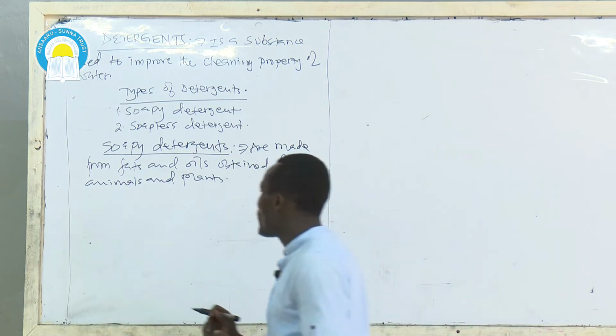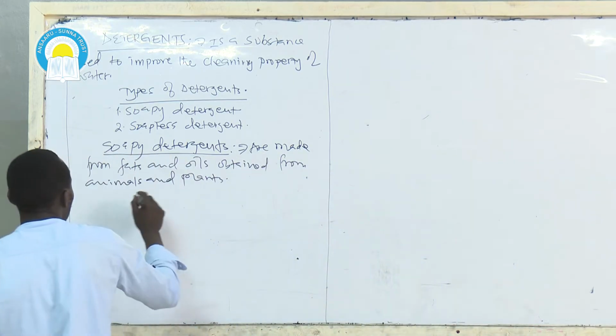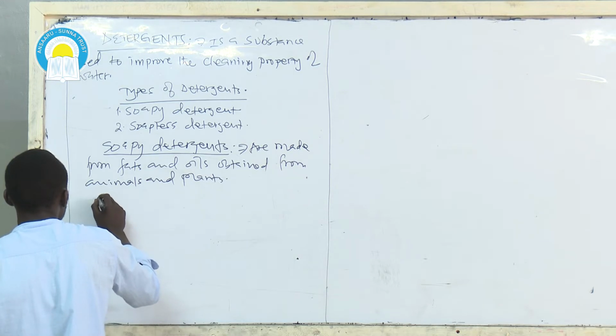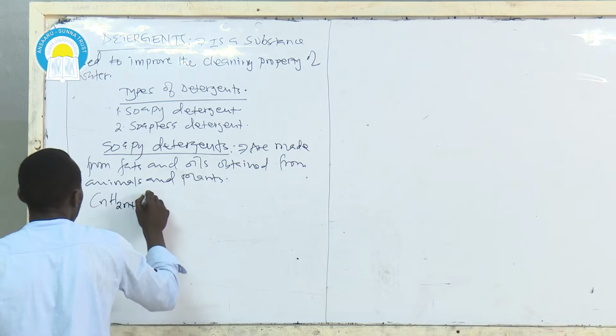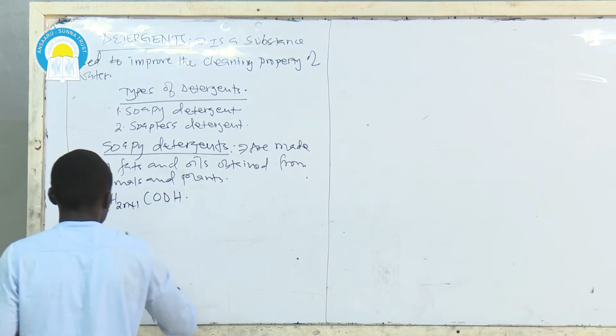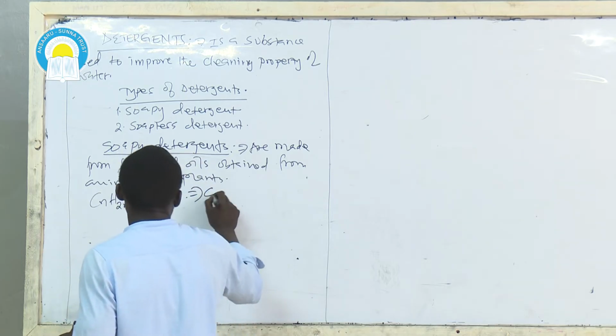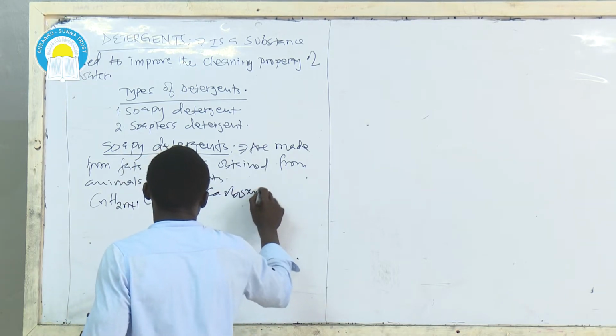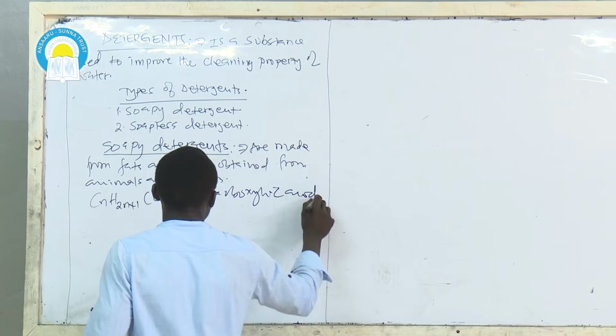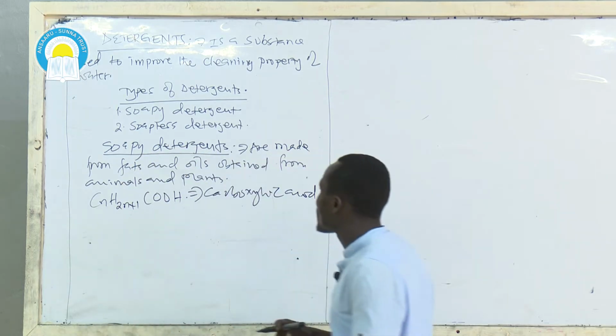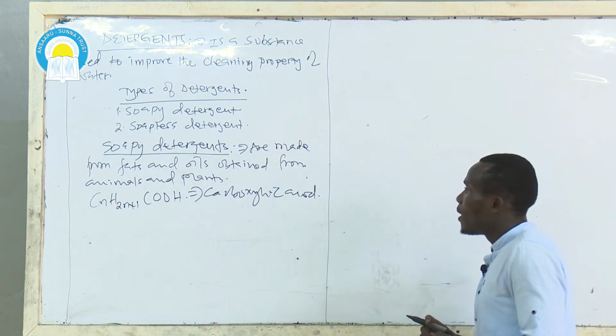The general formula of this one is CnH2n+1COOH, the carboxylic acids that we obtain from the fats and oils.